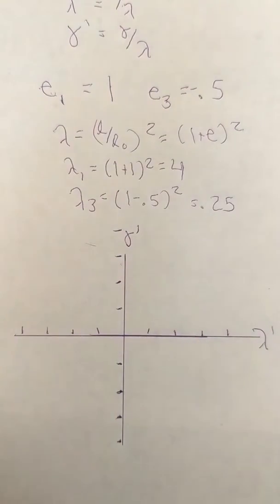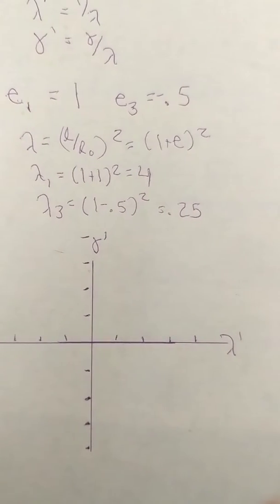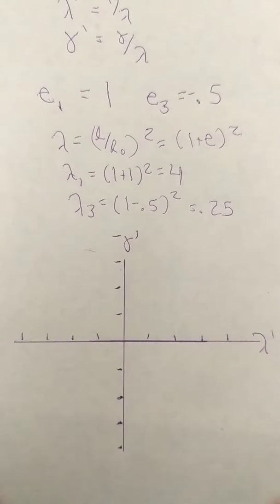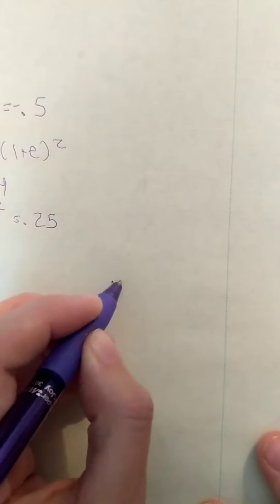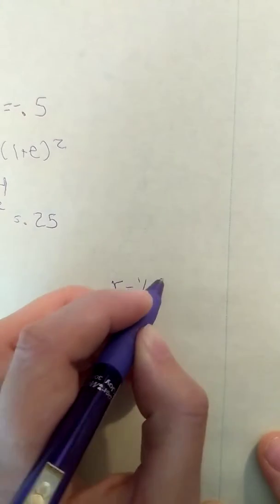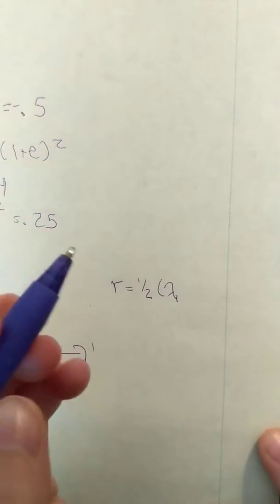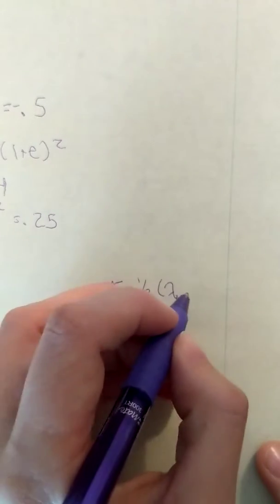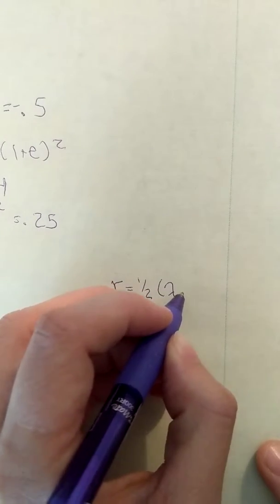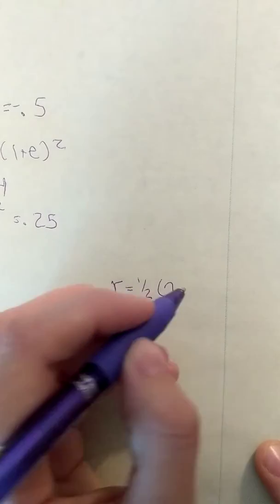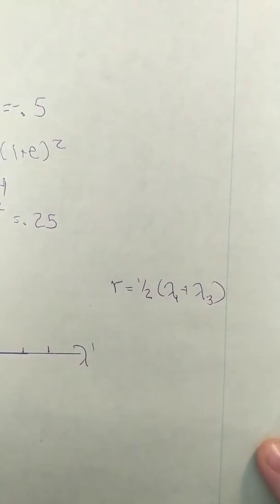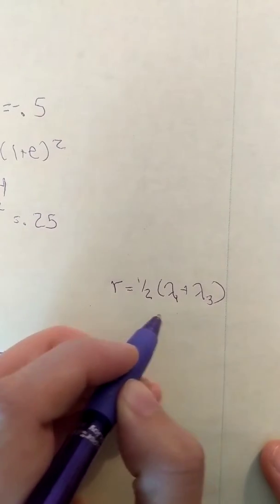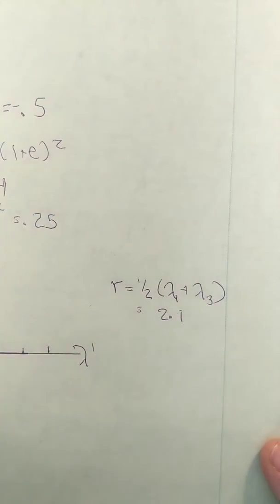All right, now just like we did with the previous Mohr circles, we need to find where the center of our diagram is going to be. So we need to figure out our radius, which is going to be 1/2 our lambda 1 plus lambda 3, and that's going to give us a 2.1.